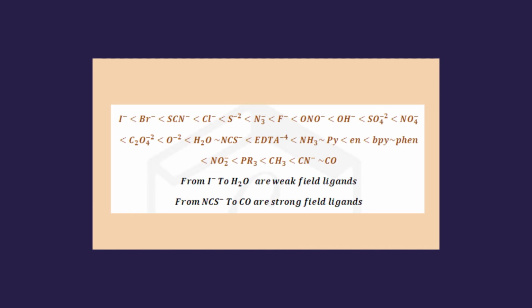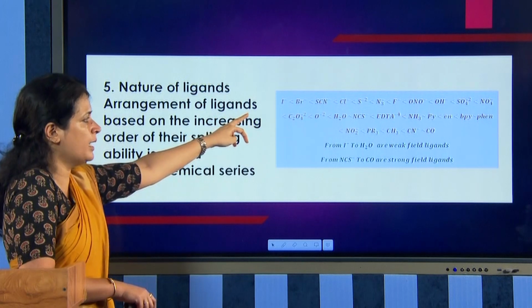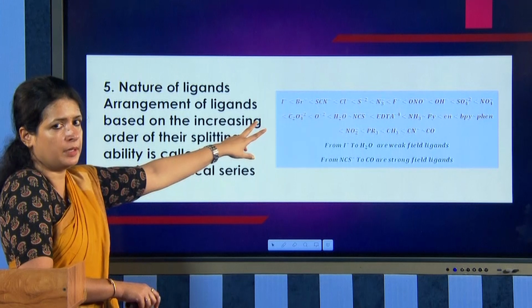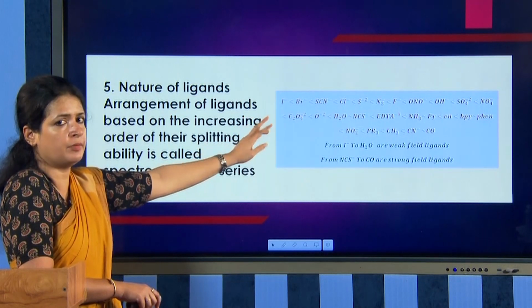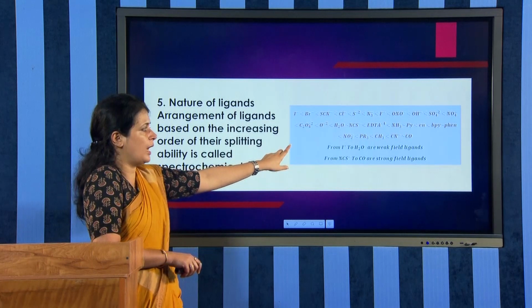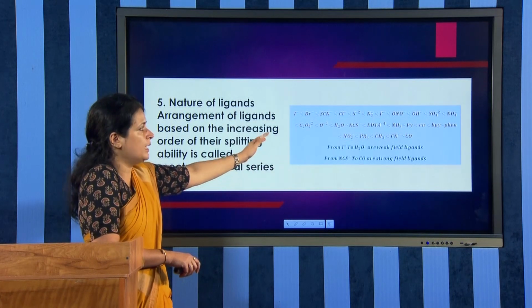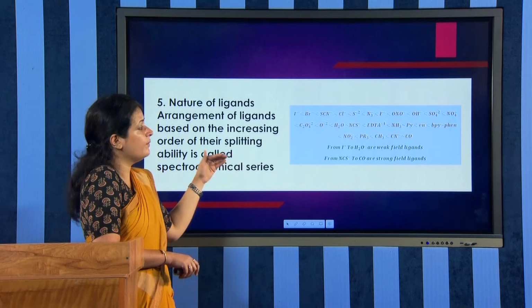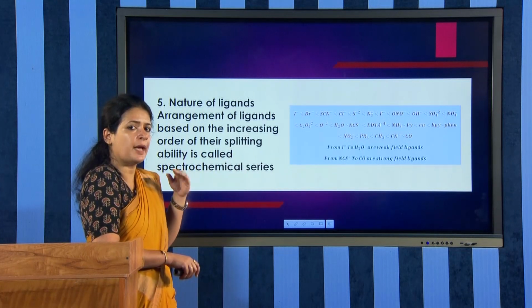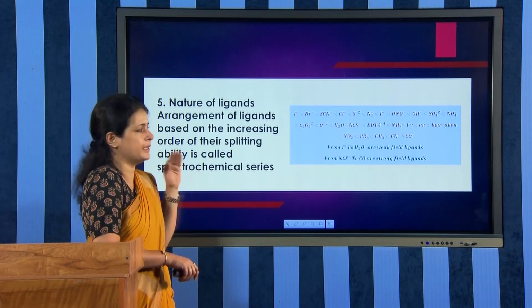Just see the spectrochemical series. From I minus to the H2O ligand, that is water, the aqua complex. We have seen the different aqua complexes where H2O acts as the ligand. In those cases, from I minus to H2O, these ligands are called weak field ligands, because they have a lesser capability for splitting.